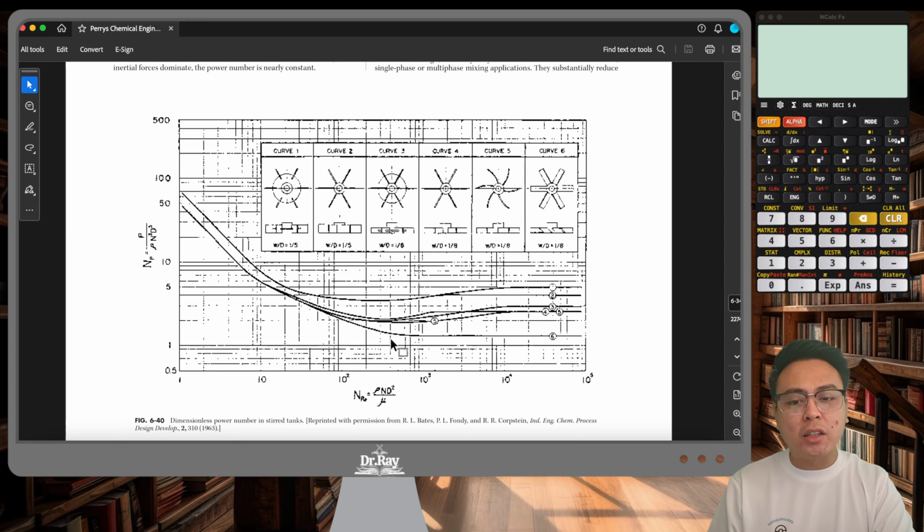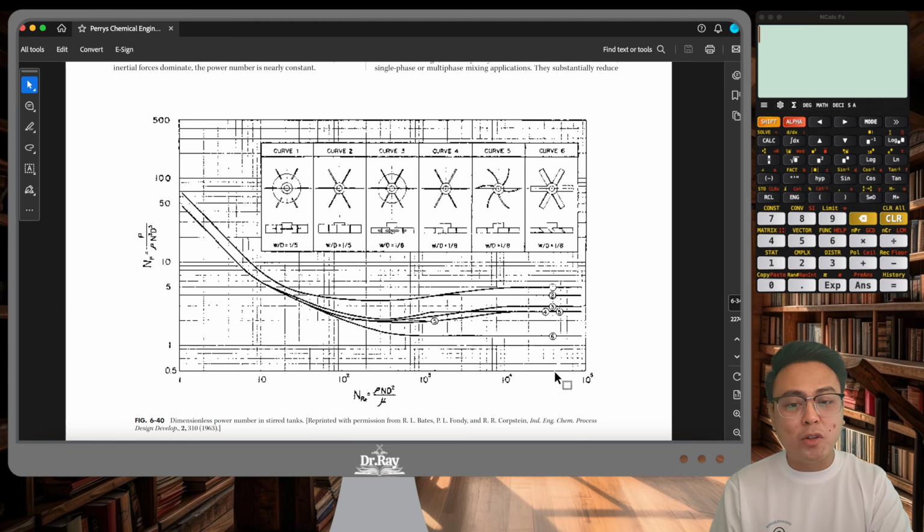And notice that in the laminar flow region, the design of the blades has very minimal influence on the power consumed. But in the turbulent flow region, you can see that the power number becomes constant for highly turbulent regions, and it differs from blade to blade design.